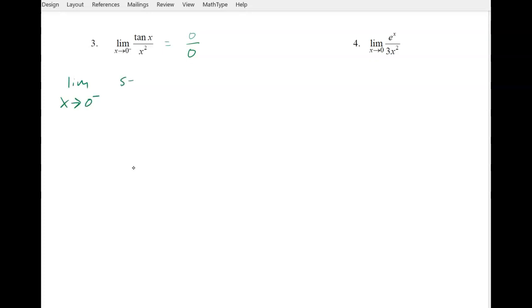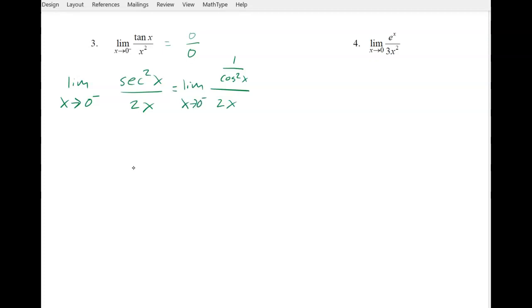I take the derivative of tangent, I get secant squared of x over 2x. Well, secant squared, now I try substitution again. Secant squared is the same as 1 over cosine squared. You're probably more familiar with evaluating cosines. Haven't taken the limit yet, so I keep writing this.